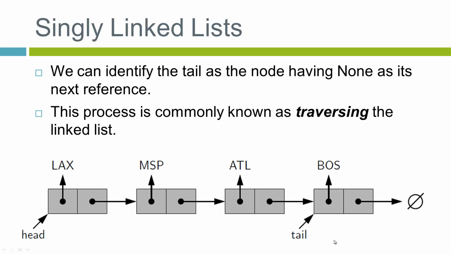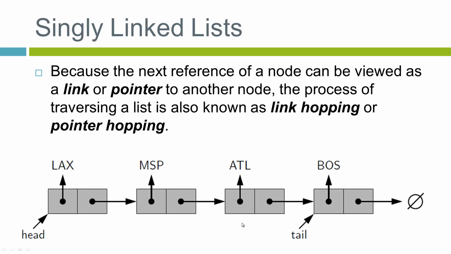We have the head and the tail of the linked list. And if we start going through the nodes and going through the connections of the pointers, that will be known as traversing the linked list. Because the next reference of a node can be viewed as a link or pointer to another node, that process of traversing a list is sometimes also known as link hopping or pointer hopping. We'll just call it traversing.